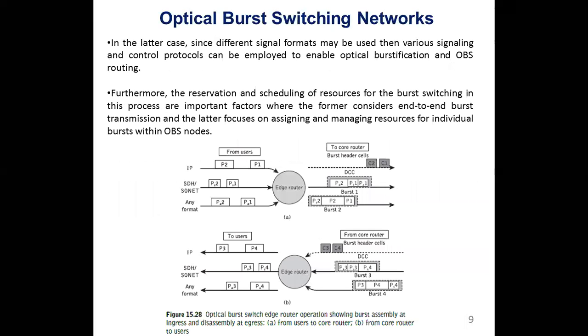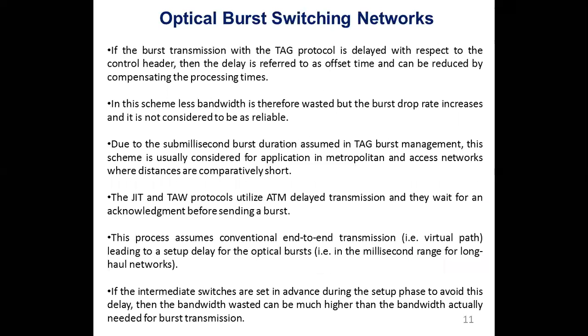So this previous diagram becomes very important, and what is going to happen for the burstification, that is how the burst is handled from the users to the core router, and then from the core router towards the user using the edge router. There's some amount of data on that one-way signaling and the two-way signaling.